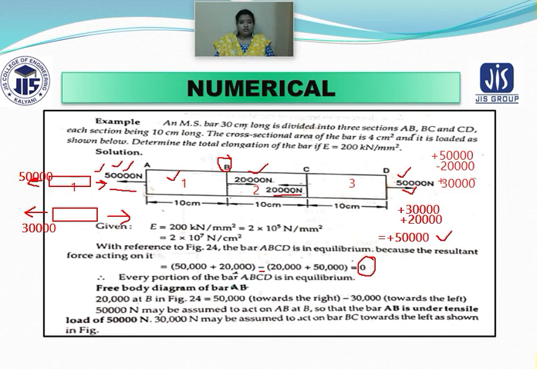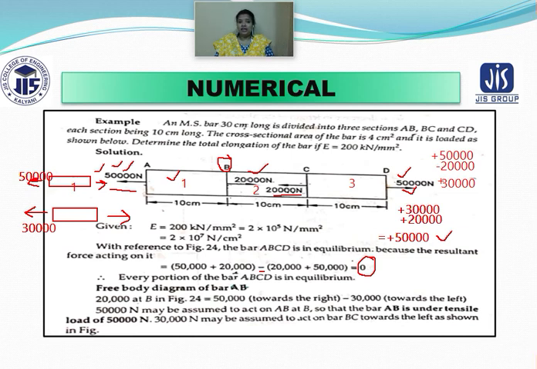When you are using it for the entire section, for the change in length, what you have to do is make a common area from the entire formula. So del L is equal to del L1 plus del L2 plus del L3, and this del L is what?